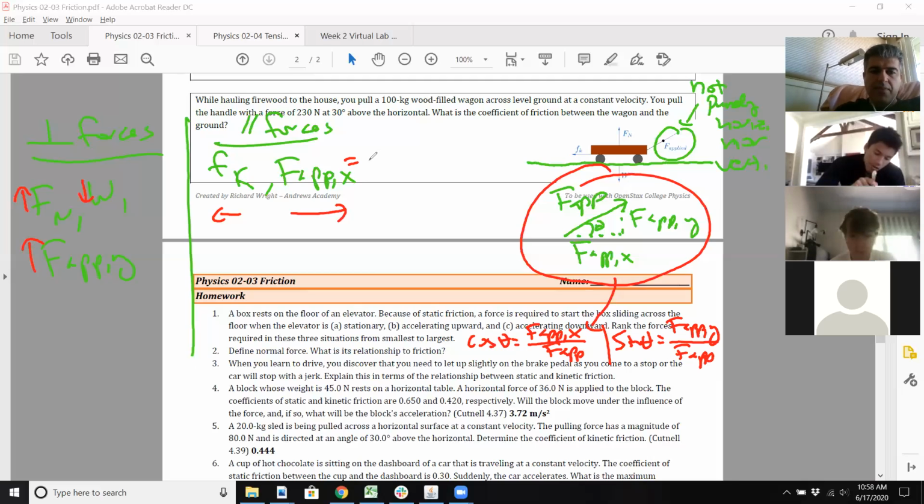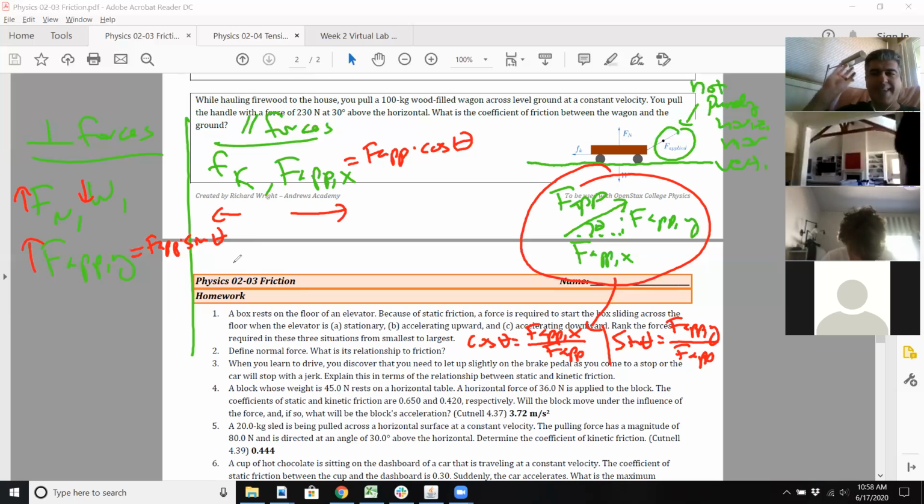So we have to get that out of the way first. Break down the applied force into those components, figure out what forces and what directions they are, and categorize them as perpendicular and parallel. You gotta get all that out of the way first.